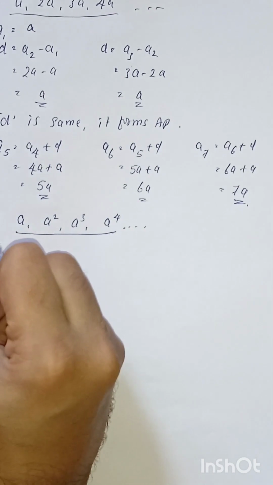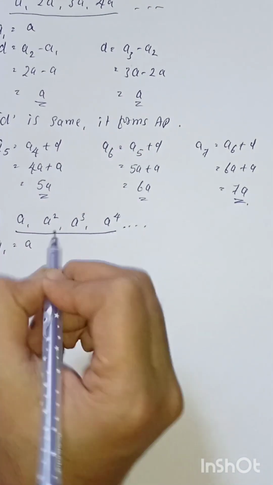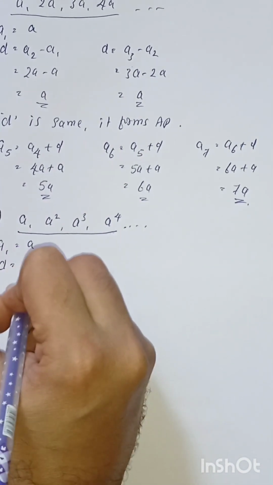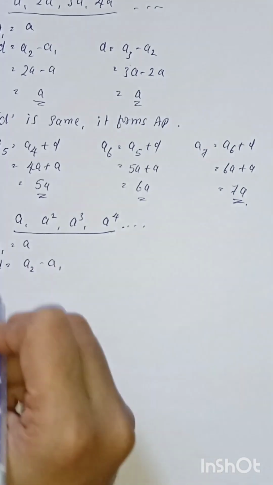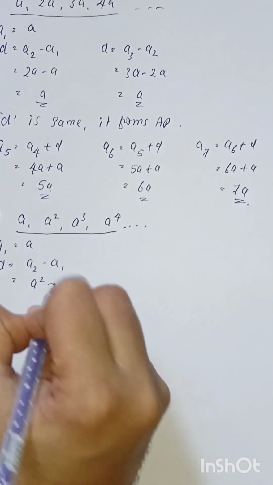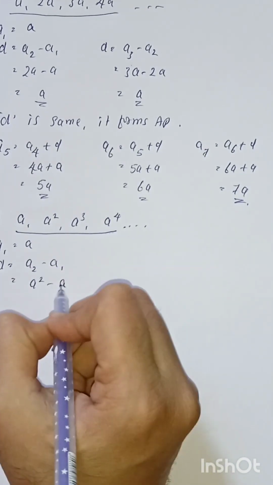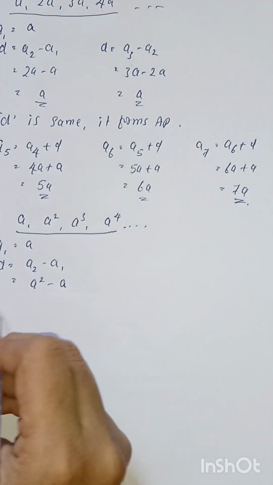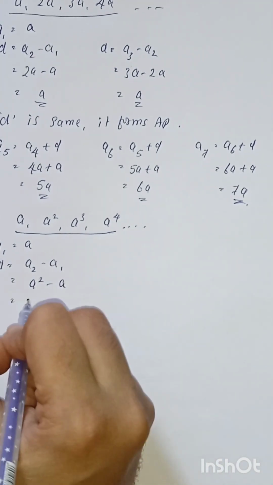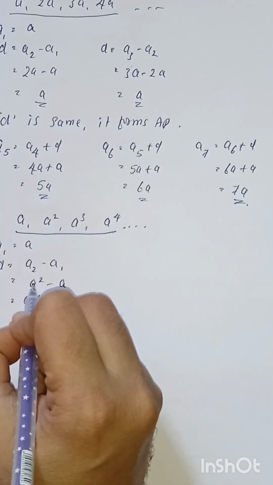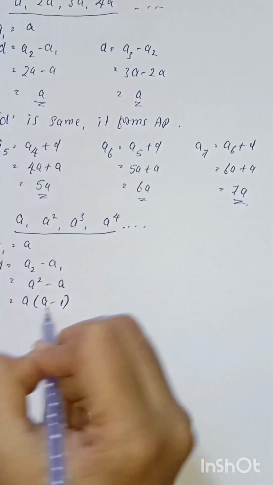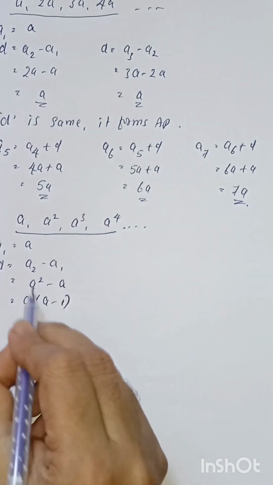The first term is A. A1 equals A. D equals A2 minus A1. A2 means A square. A1 means A. So A2 minus A, here we can take A as common, the balance is A minus 1. A is taken as common, so A remains 1.